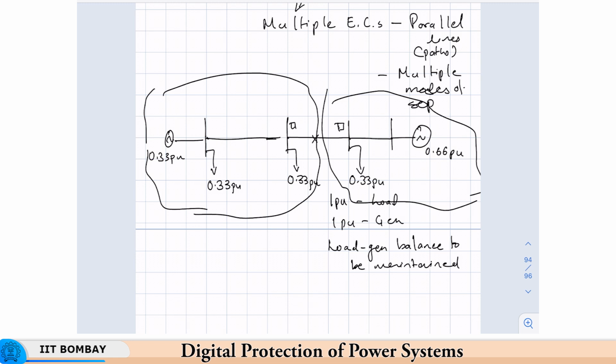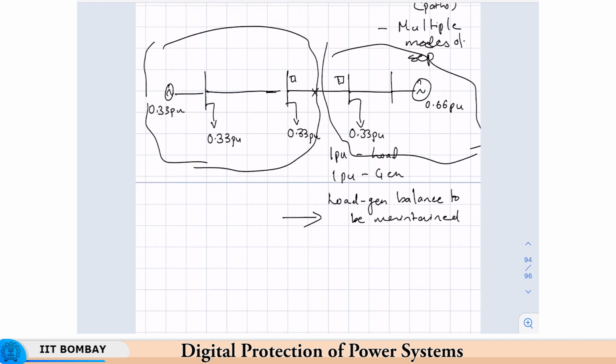In neither of which there is load generation balance. Now, for synchronous operation, we have said that load generation balance always has to be maintained. In this case, what will happen? If you see here, the load is greater than generation, and here the generation is greater than load.